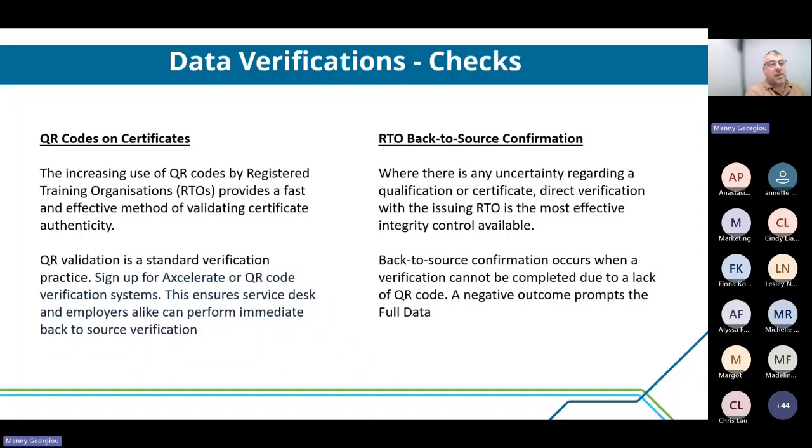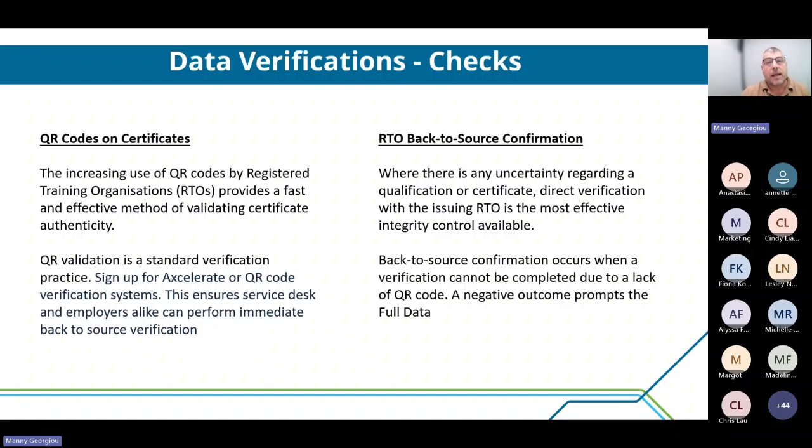The increasing use of these codes by our RTOs has ensured that verifications can happen much quicker, because obviously the only thing you need to do to validate a document is to check the QR code, and it will bring up exactly who it belongs to, who it was done by. So if the information coming up from the QR code doesn't match what's on the document, obviously the service desk or whoever's checking that document understands that there's an issue that needs to be addressed.